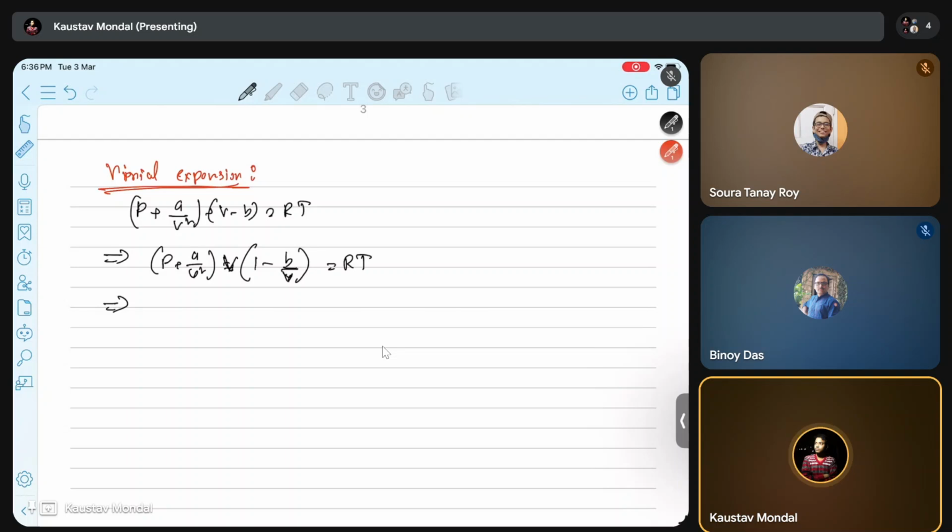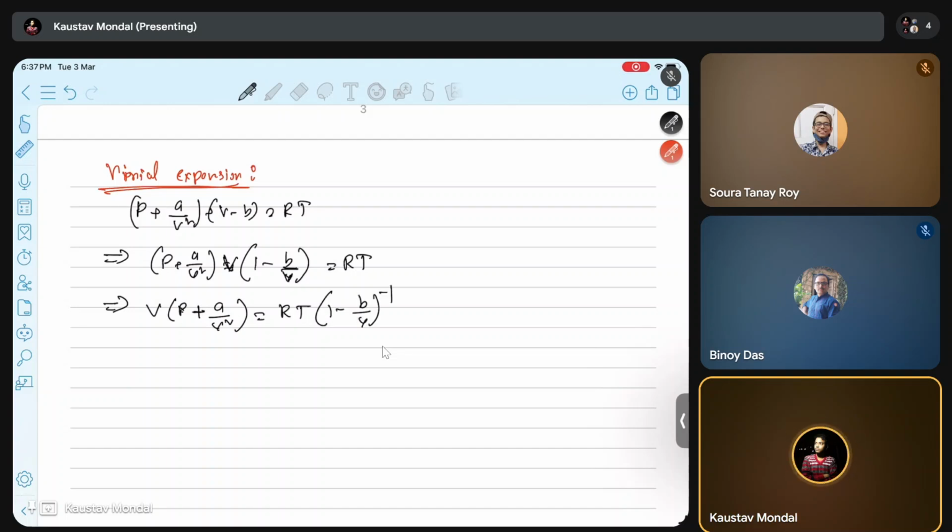Then from here, V into (P plus a by V square) equal to RT into (1 minus b by V) inverse.